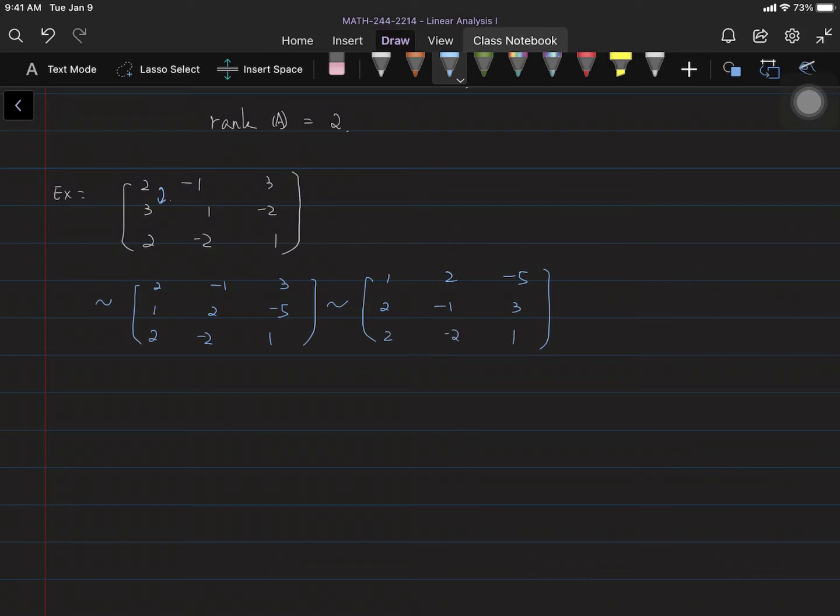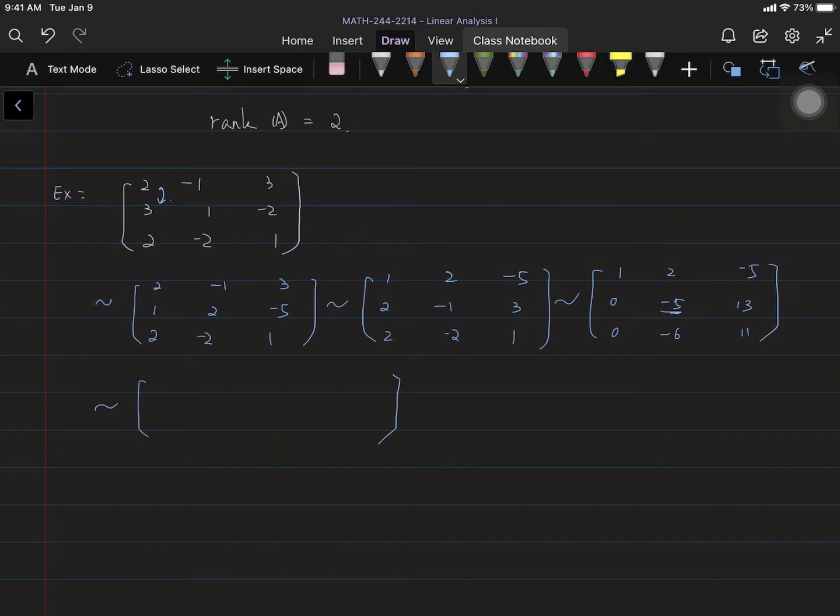Then use row 1 times -2, added to row 2 and row 3. 0, -6, 11. And next, we need a leading one in this position. So how to make that leading one?